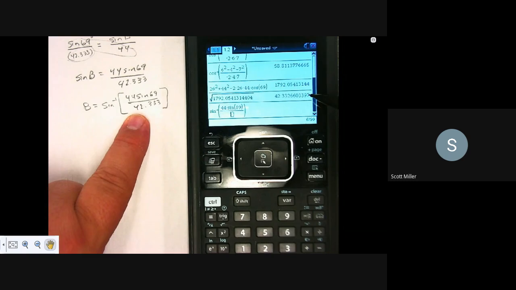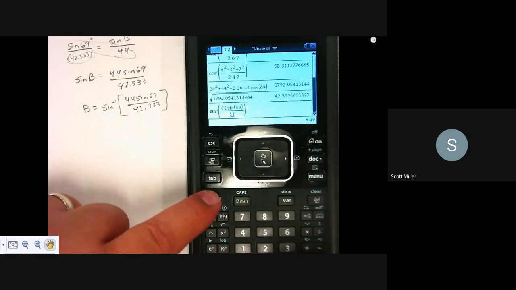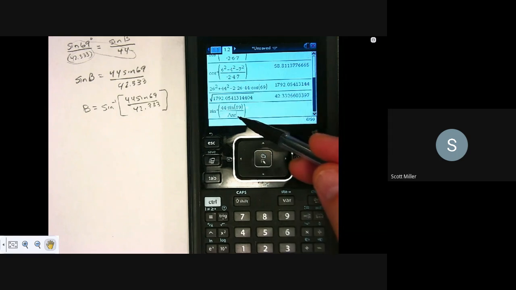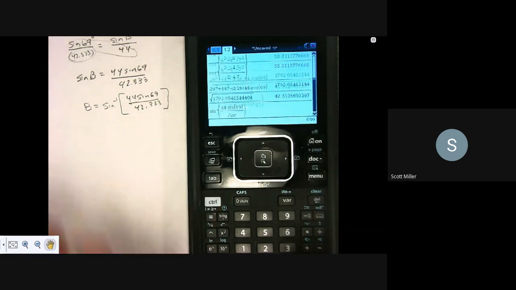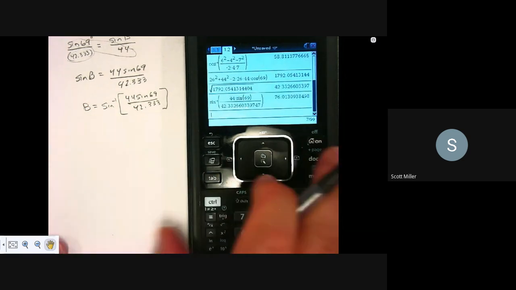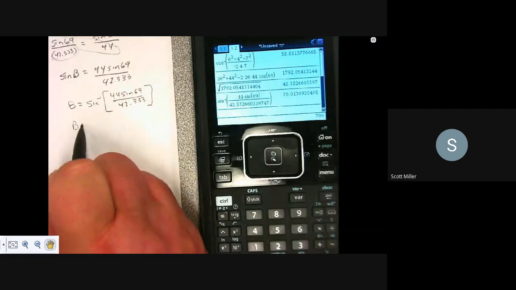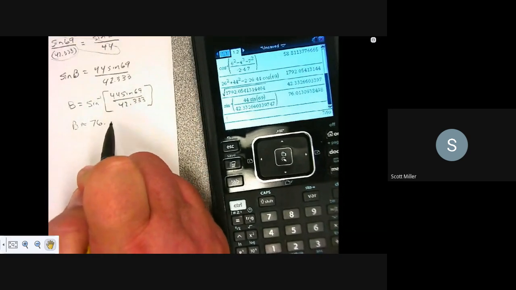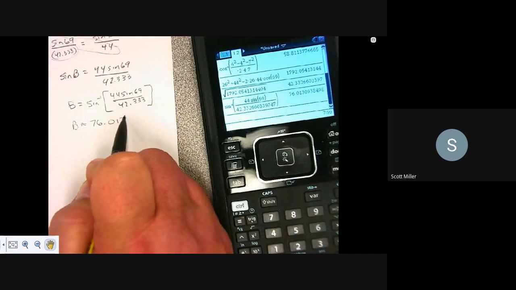But remember, since it's the last answer the calculator produced, it is stored as answer, so all I have to do is simply type in that answer. Just like that. Hit control and that A-N-S button. And that number is now sitting right there, and you don't have to type it in. Hit control enter, and there's your answer for angle B. And then you can just round this off to 3 decimal places.